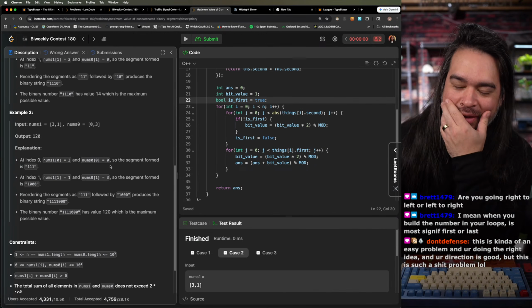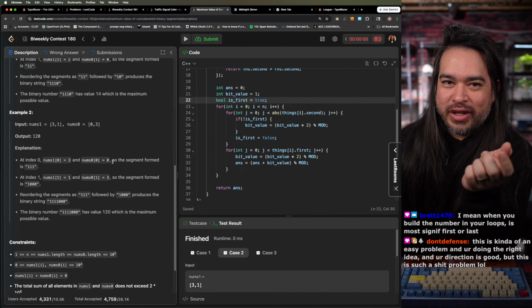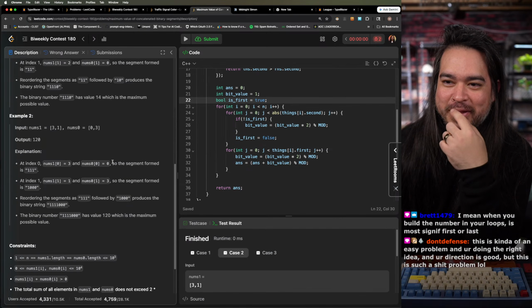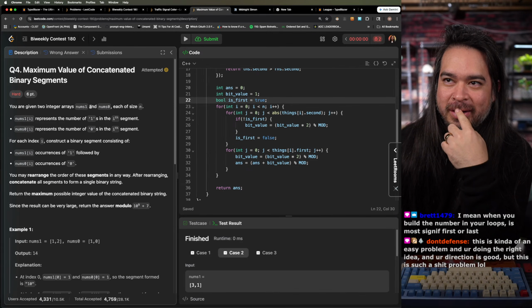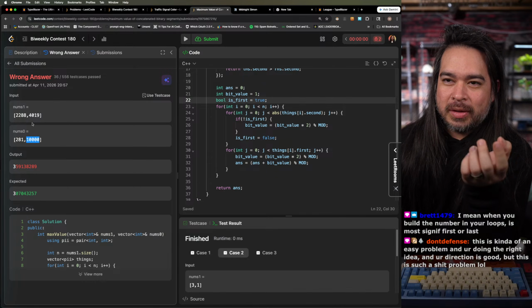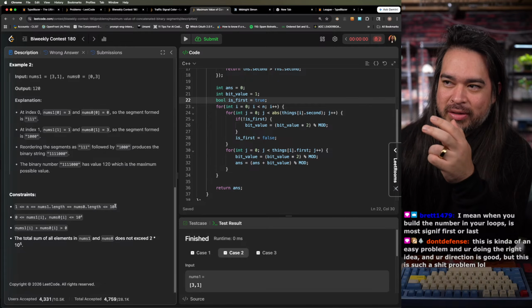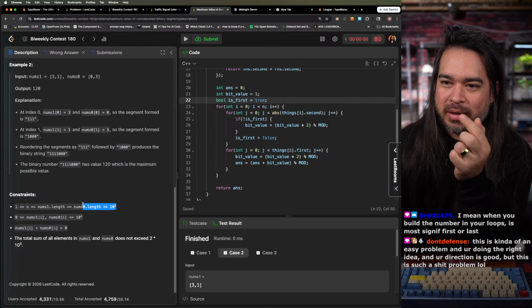Man, I feel like there's some trick or some observation. Clearly there's some edge cases where, I mean, I think it's greedy, or some type of sorting, right?